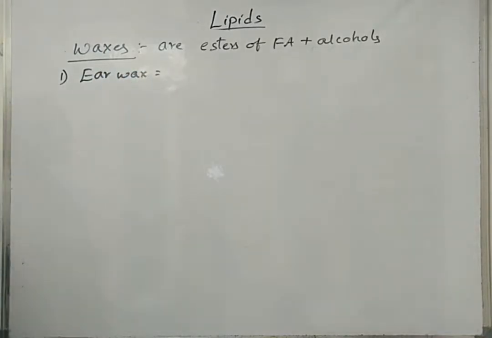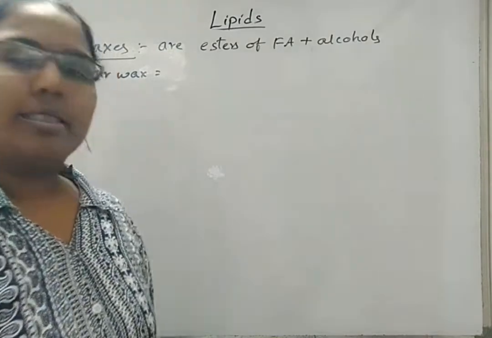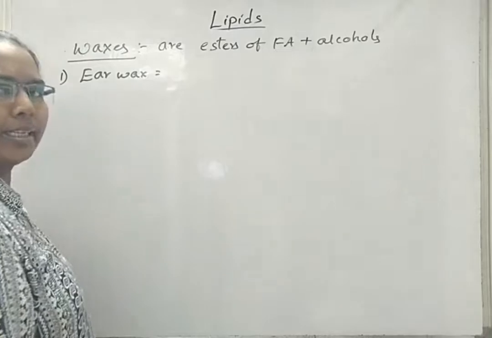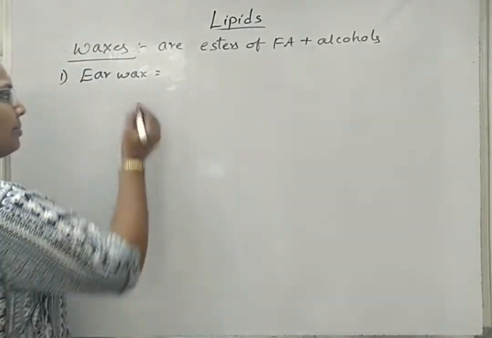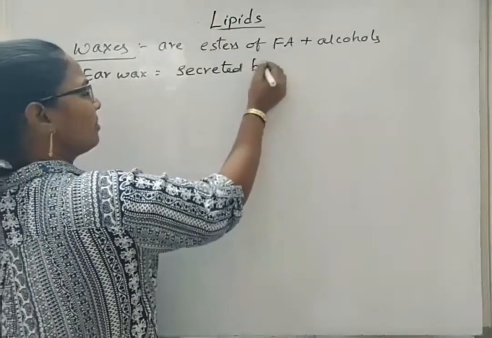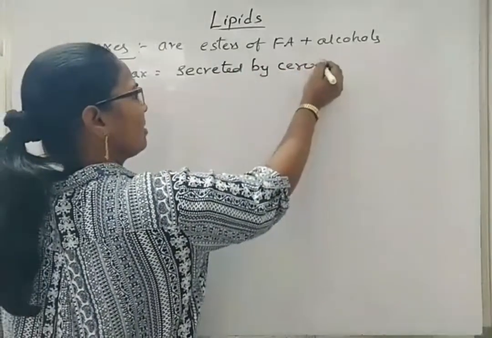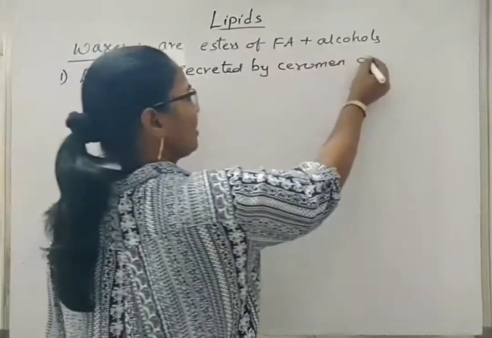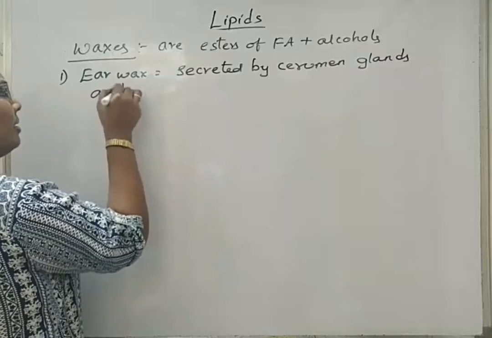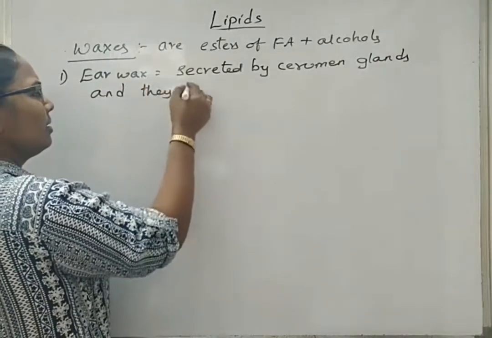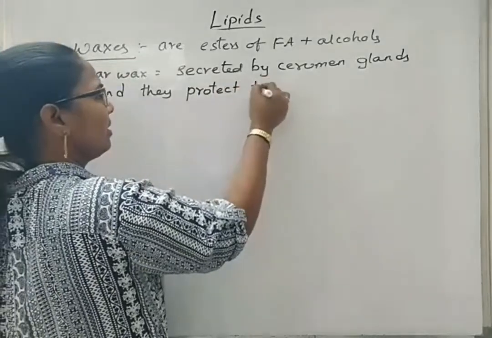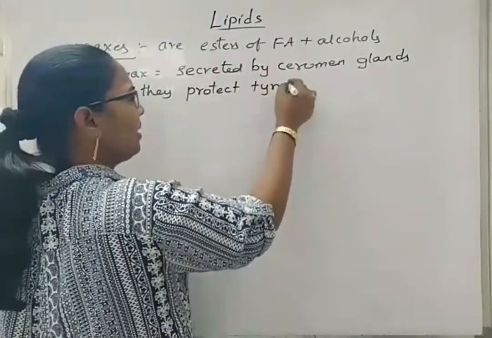Ear wax is secreted by cerumen glands in the ear and they protect the tympanic membrane.